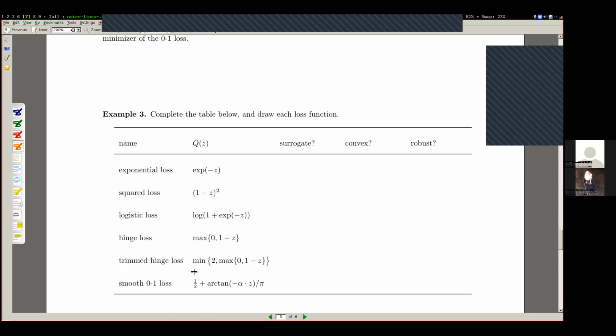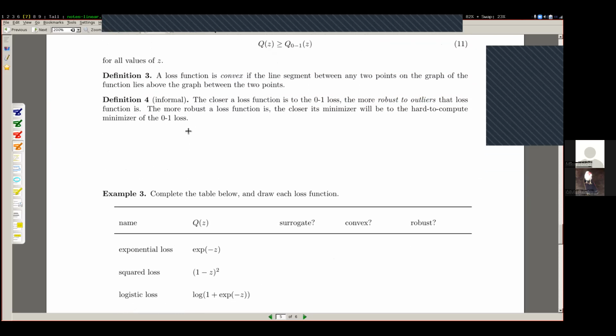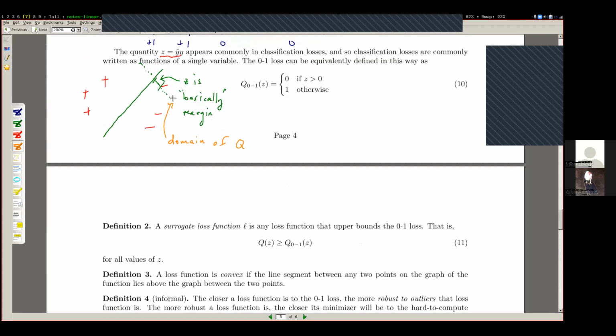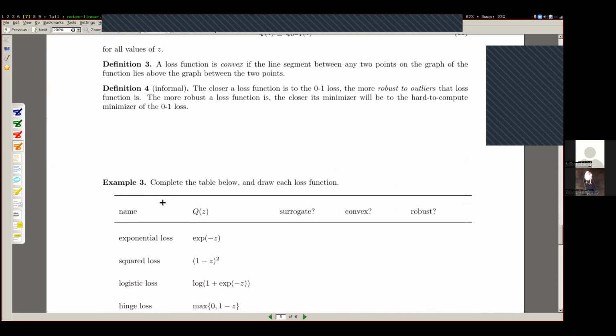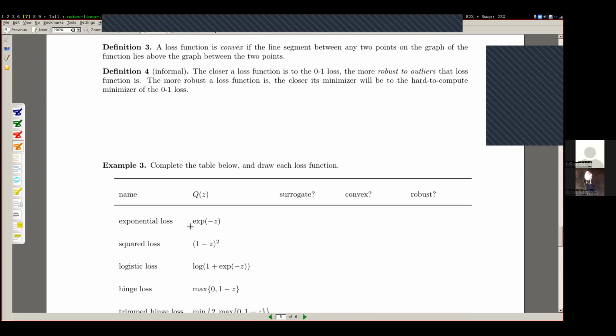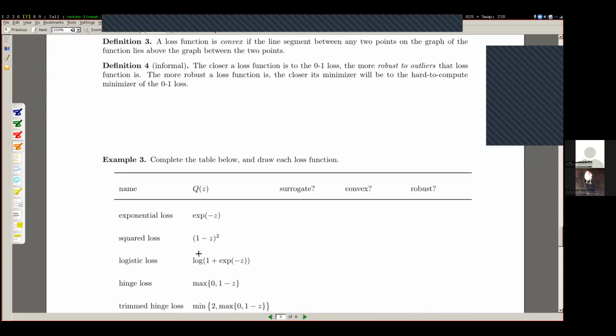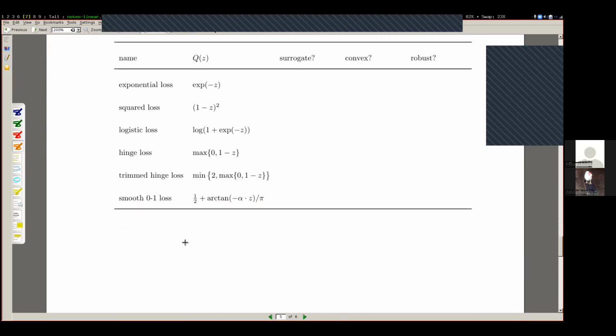Again, all of these functions here are defined in terms of this Q form, where the input parameter here is the z. And again, you should be thinking about that input as how far away is my data point from the linear separation? So what we're going to do is for each one of these functions, we're going to graph it, take a look at what it looks like, and then consider these 3 definitions up here, how they apply to that particular function.